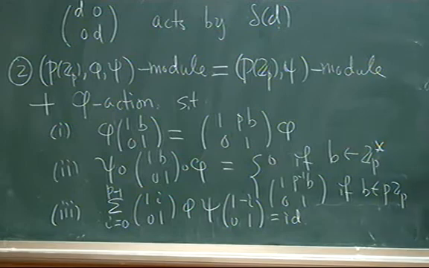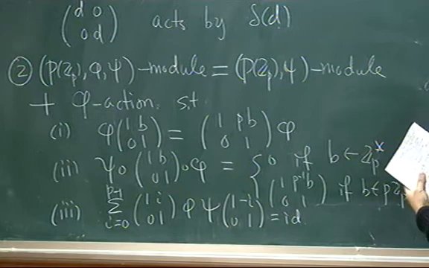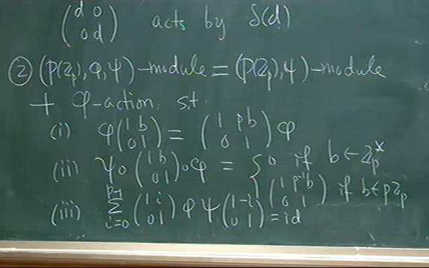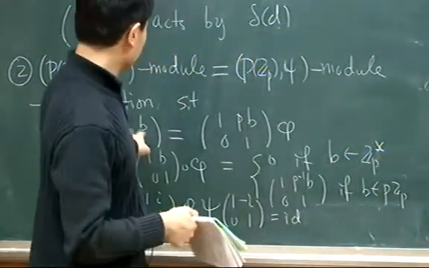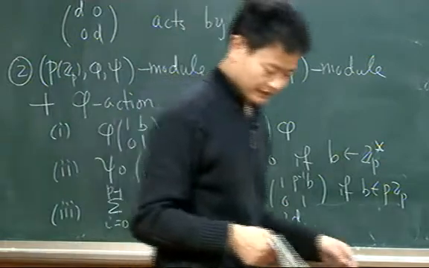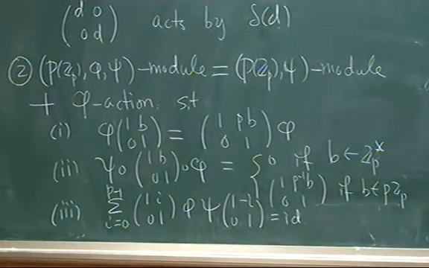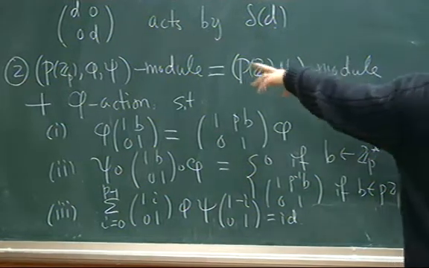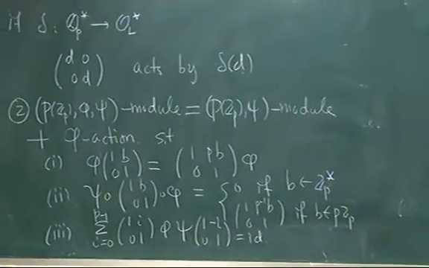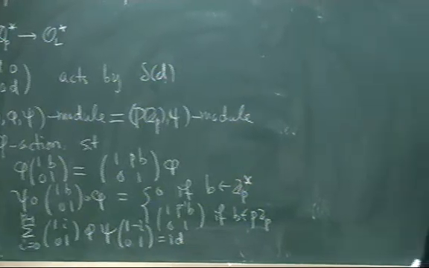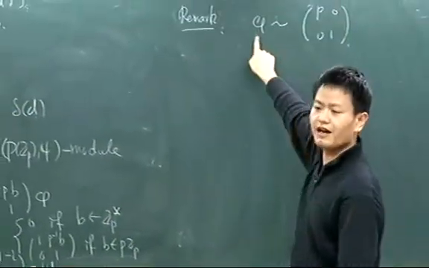For this I need to make a remark. In the phi-gamma module case, phi psi is always (p 0; 0 1). If you take phi psi in here, you can really find it. That's why 1 is true. So in this P-Z_p phi-gamma module, we define this matrix (p 0; 0 1), the action of this by phi.